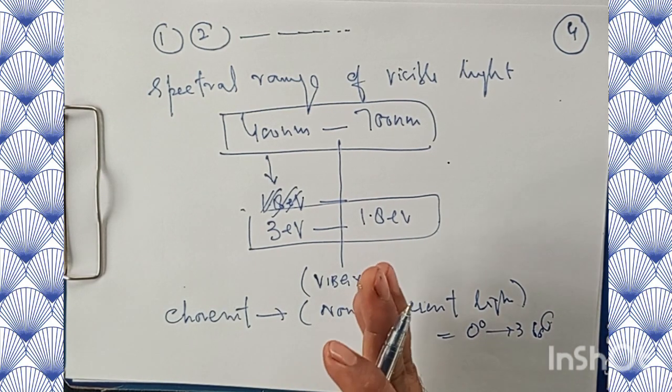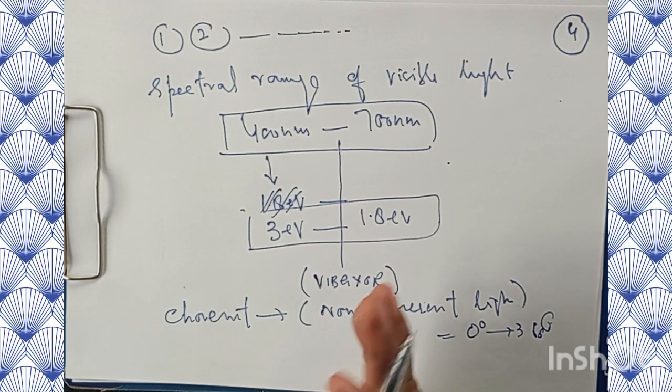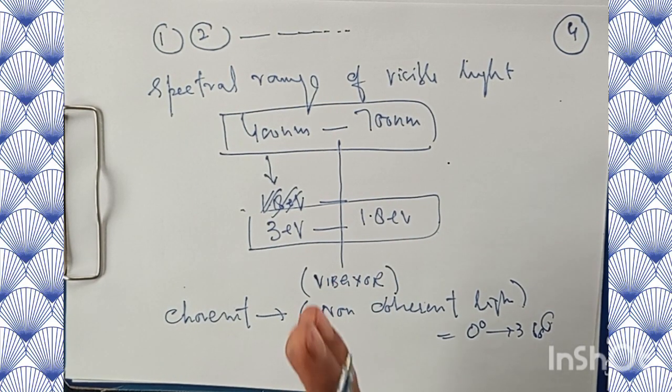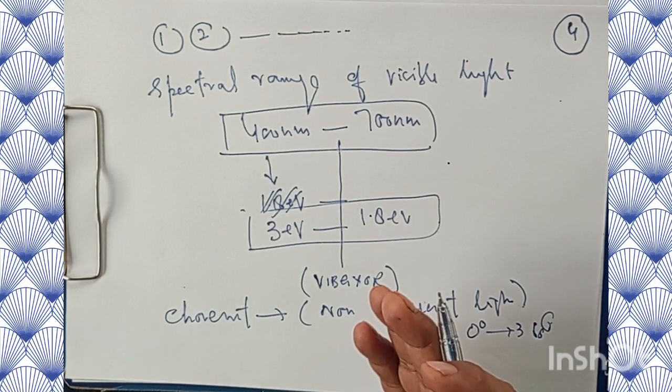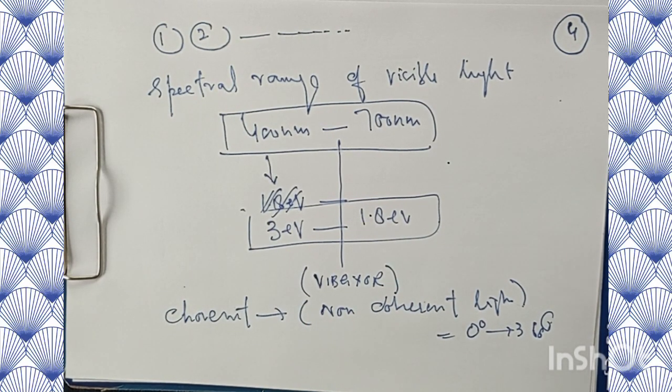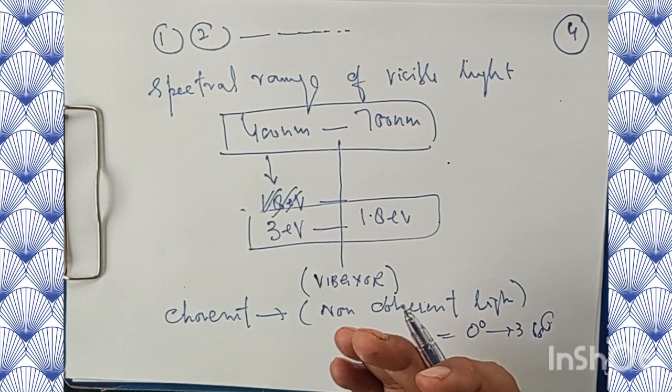Now, to have coherent light, we make use of laser diodes. Okay, so they are also called semiconductor lasers. This laser light can be a visual color or invisible.